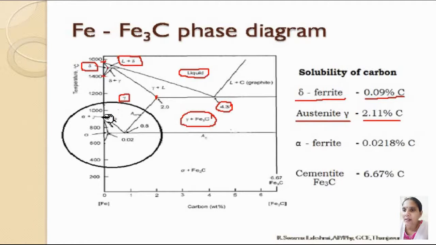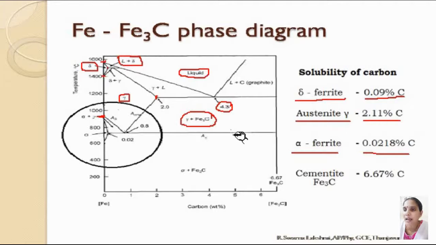Pure iron transforms into a low temperature BCC structure called alpha phase at 910 degrees centigrade. This alpha ferrite has a limit of solid solubility of 0.02 weight% carbon.